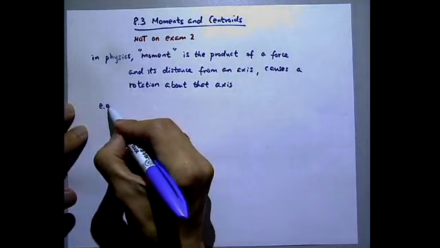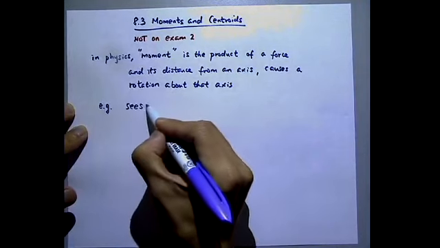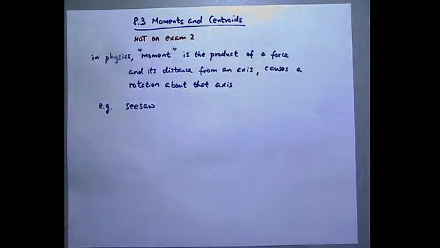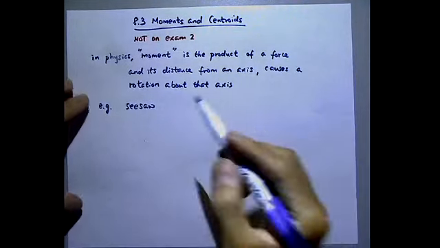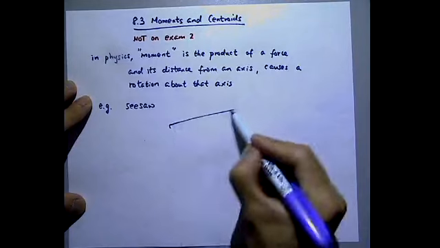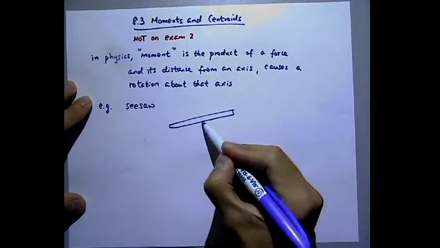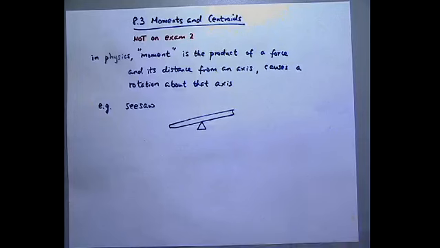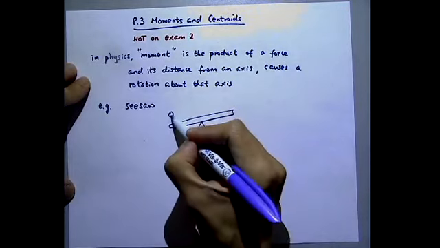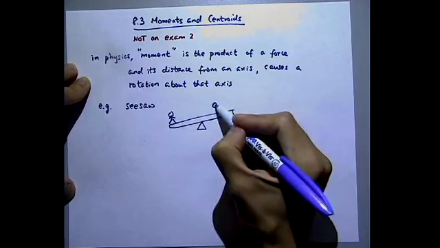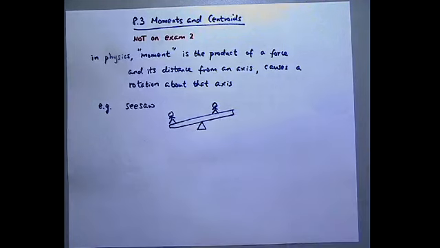Let me give you one example that we are all familiar with. Go to the park and you see kids playing on the seesaw. It looks something kind of like that. You've got some kind of plank with a balancing point, a pivot. And let's say we have a kid over here, another kid over here. Each of these two people has a certain mass, and a certain weight.